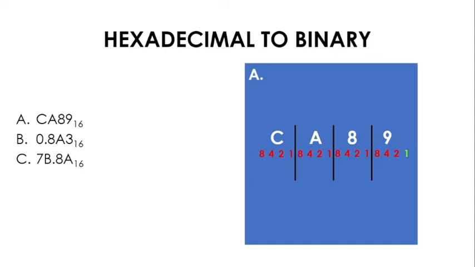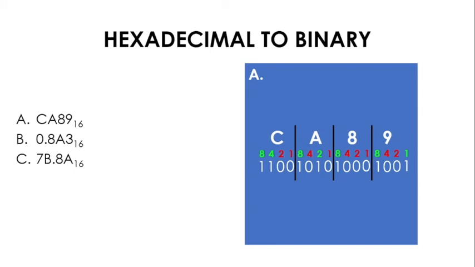So for the first example, CA89, the equivalent of 9 is 1001, 8 is 1000, A, which is 10 in the decimal number system, will be represented as 1010 in binary. C is 12 in the decimal number system, so in the binary system, it will be 1100.